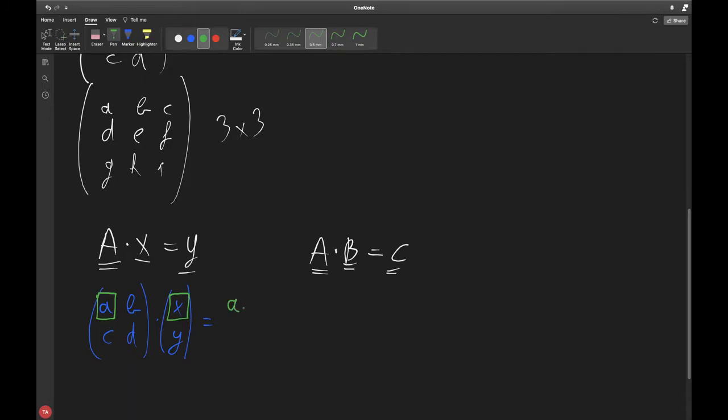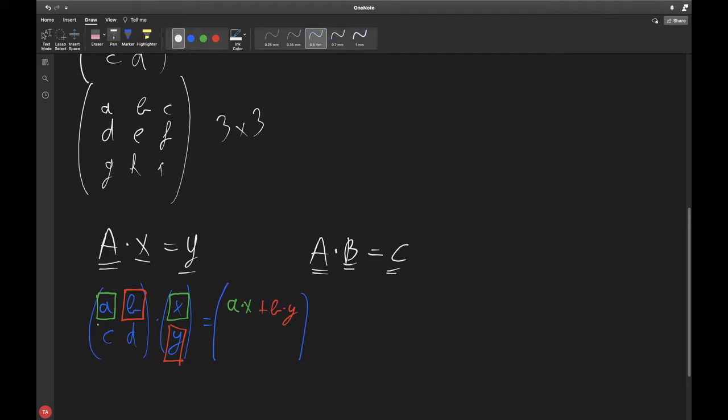So I have A times X as the first part of the first element, and then I have the first row, second column, multiplied with the second row here. That's B times Y. So this is the first element of our new vector.